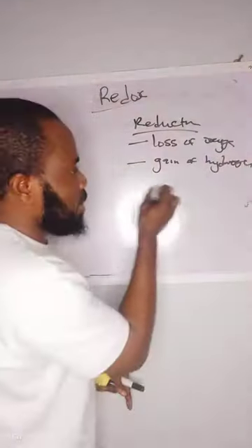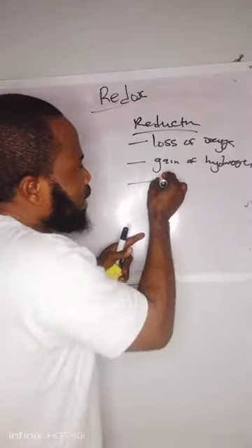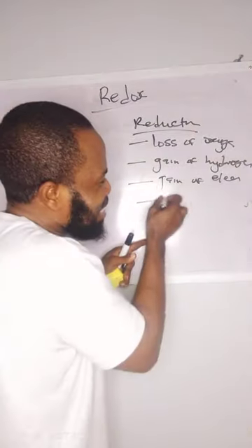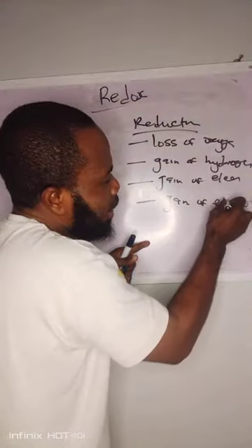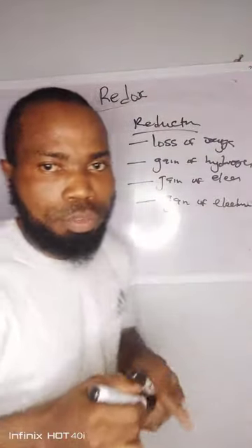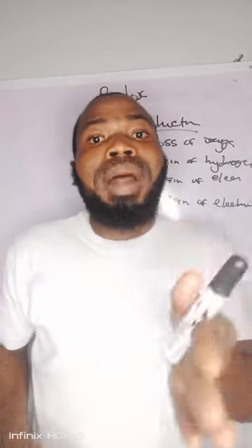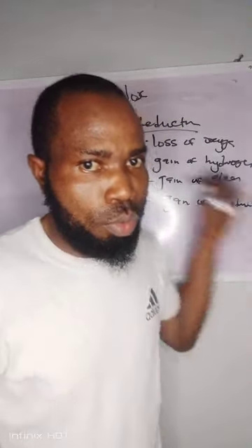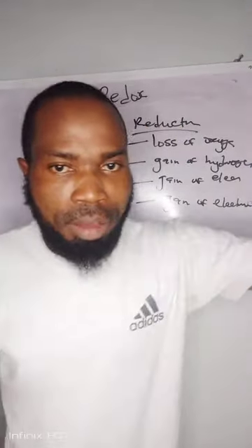Then, of course, is the gain of electrons. Then, of course, is the gain of what? Of electropositive elements. So we have to be very careful when we're looking at all these. So remember, our main focus of today's lecture series is redox equations, and I don't want to waste much time on some periphery.